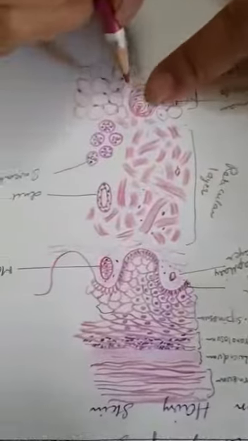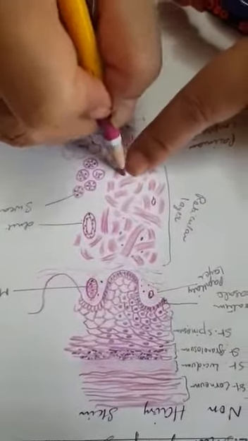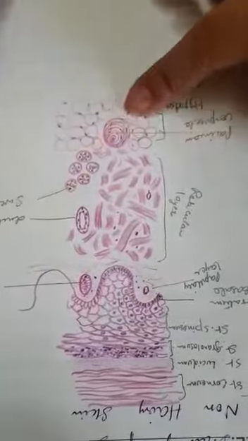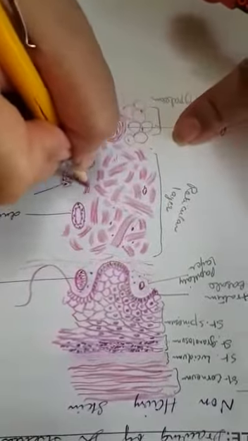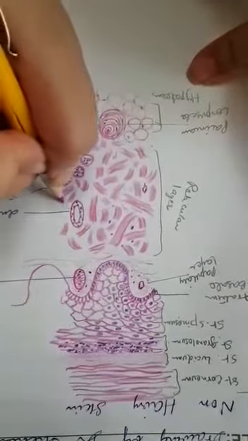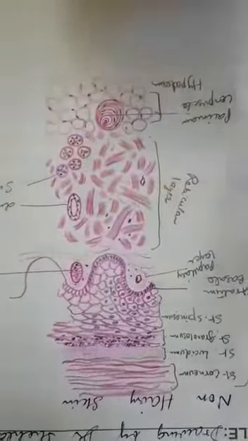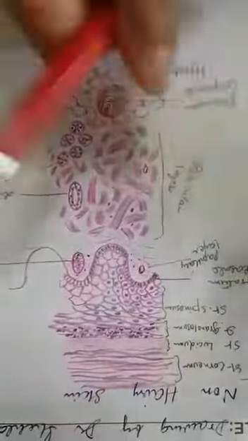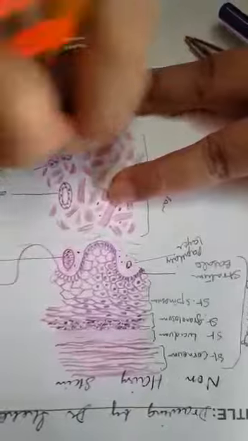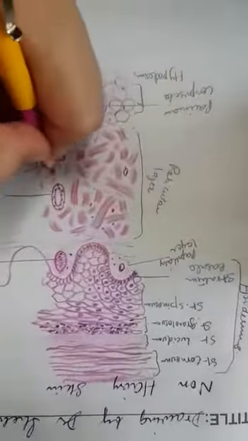I think you can draw these Pacinian corpuscles a bit above this space, and you can draw them here also. So I think I can draw them in the upper part here.